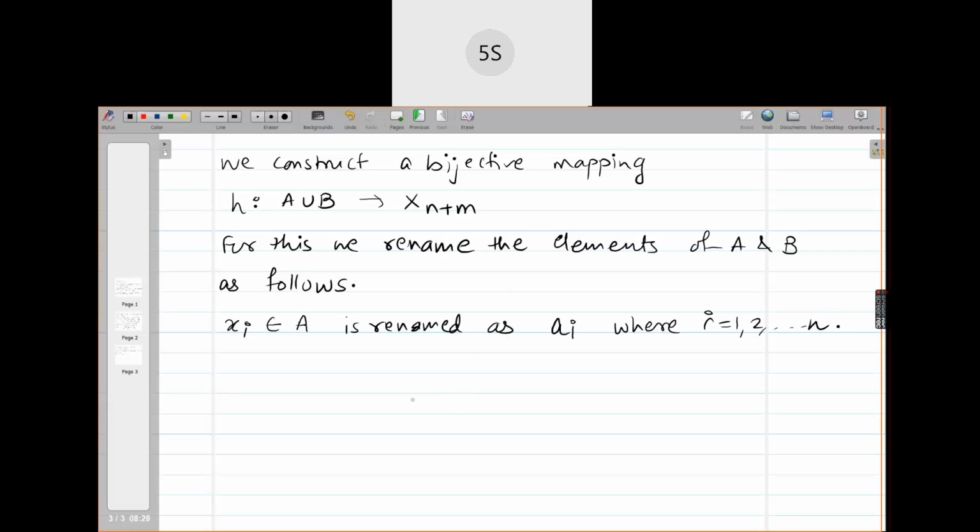Yes, girls, finish writing. xi belongs to A is renamed as ai, where i goes from 1 up to n, and yj belongs to B is renamed as a n plus j, sorry, not i plus 1.